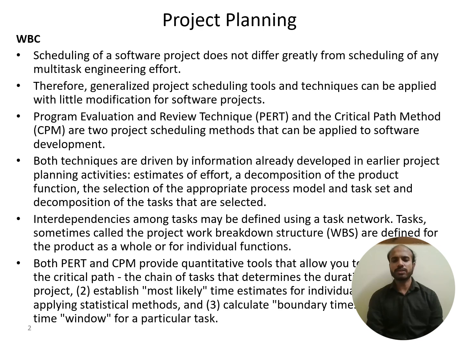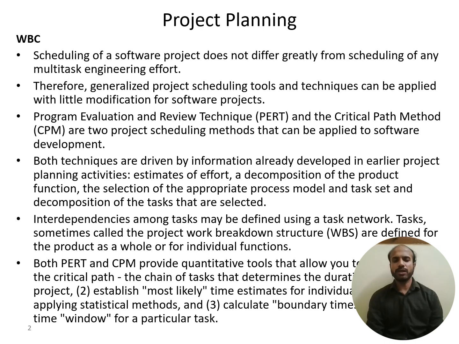Interdependencies among tasks may be defined using a task network. Tasks, sometimes called the project work breakdown structure, are defined for the product as a whole or for individual functions.